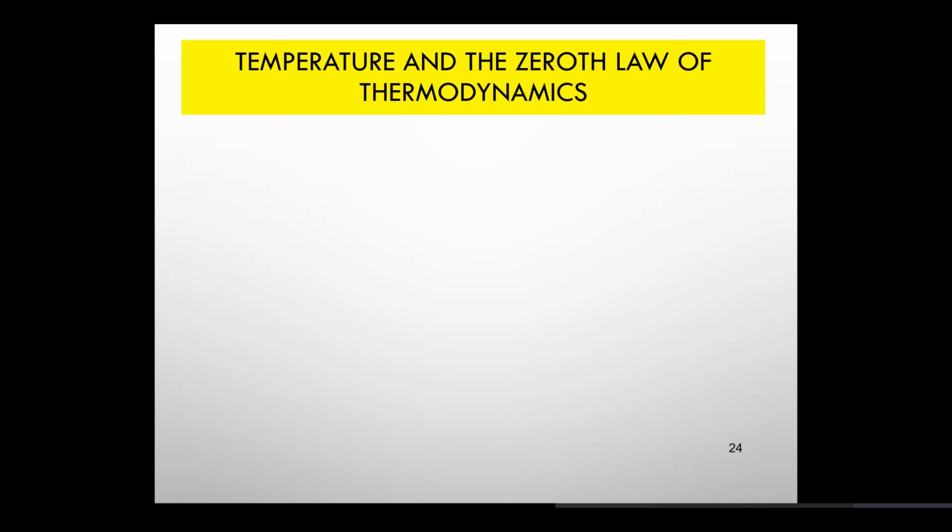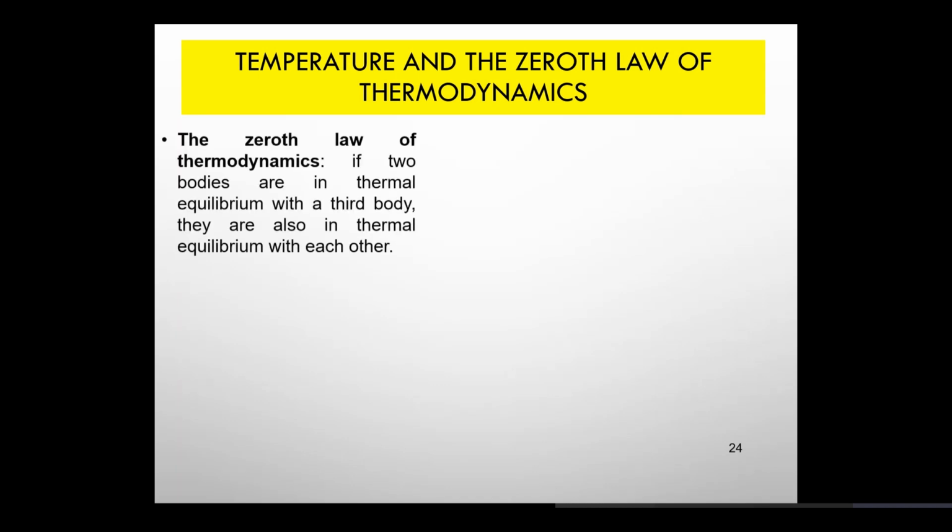All right. The zeroth law basically says that if two bodies are in thermal equilibrium with a third body, they are also in equilibrium with each other. That means if I place this bottle against the wall and the temperature of these two is, say, 25 degrees, and then I place this presenter against the wall and the temperature is 25 degrees, that essentially means these two also have 25 degrees centigrade.